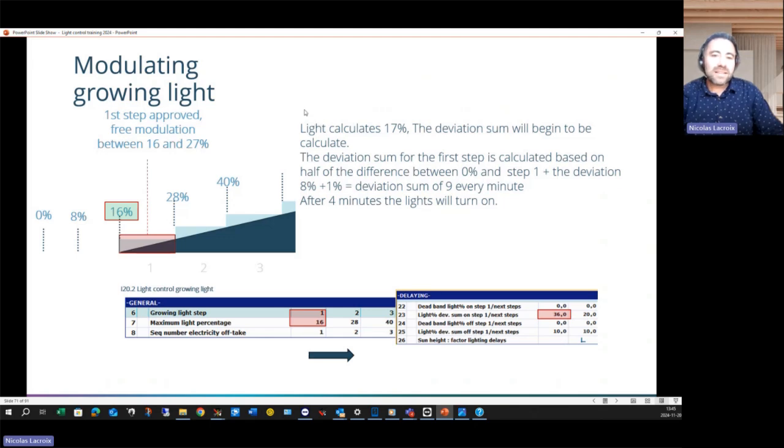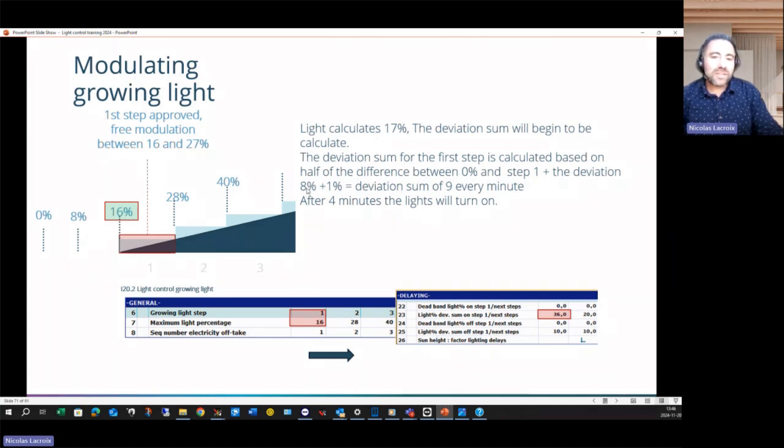When the light calculates 17%, the deviation sum will begin to calculate. The deviation sum for the first step is calculated based on half of the difference between 0% and step 1, plus the deviation. My first step is at 16%, so half of the difference is 8%, and I'm asking for 17%.